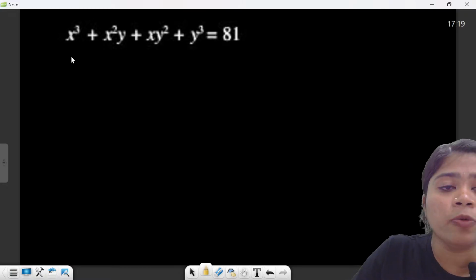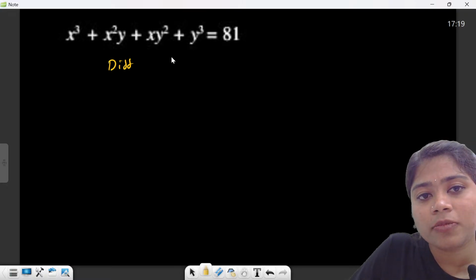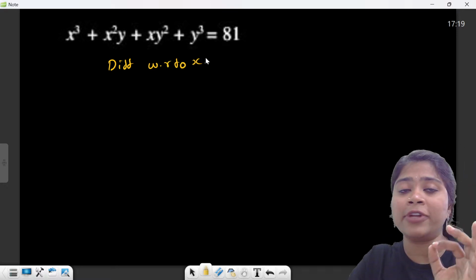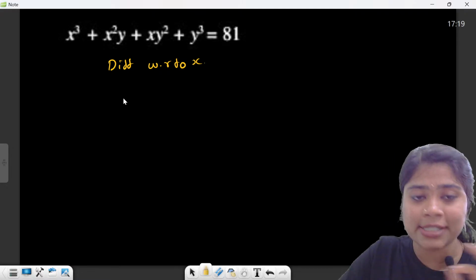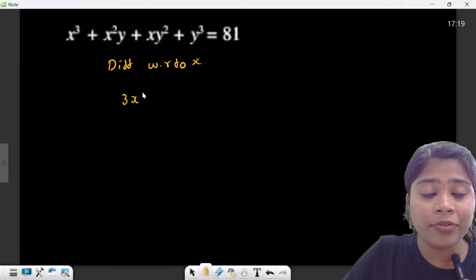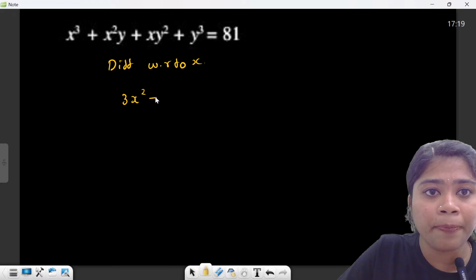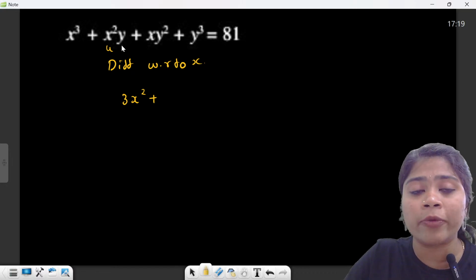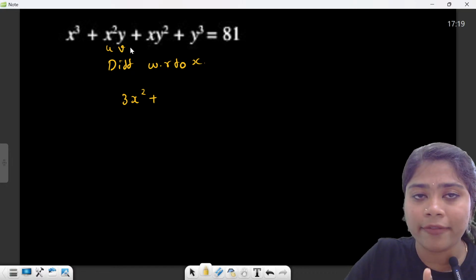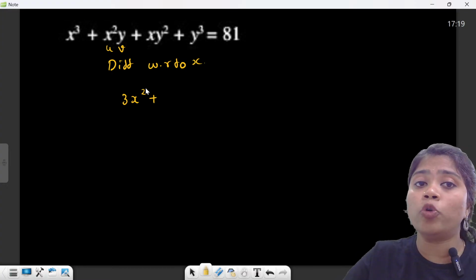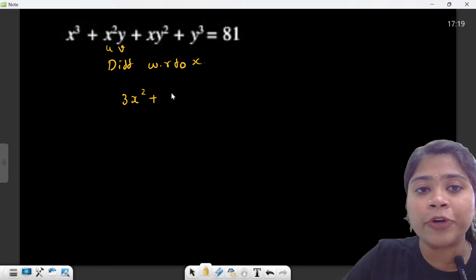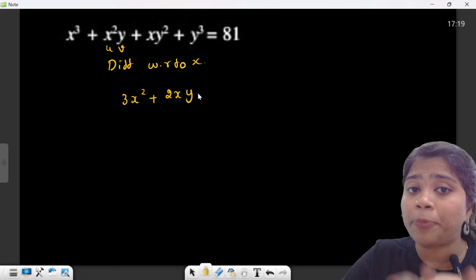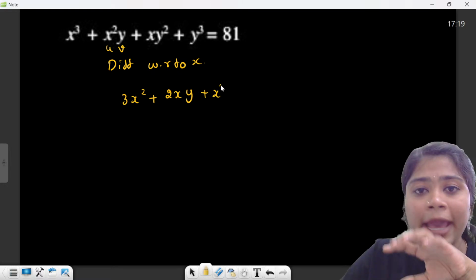So what do you have to do? Differentiate with respect to x. So we are differentiating the y variable with respect to x. 3x squared plus. So here you have x squared y. Here you have two functions, u and v. So you differentiate u first: 2x. Then keep y as it is, plus x squared.